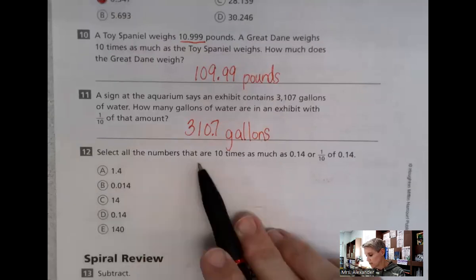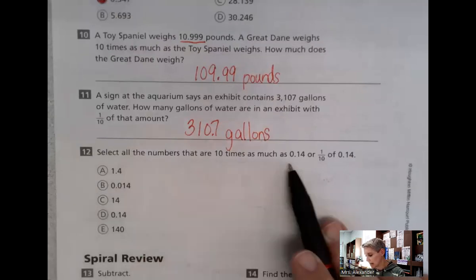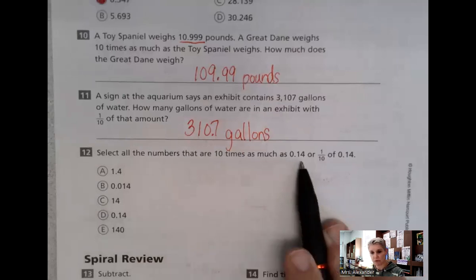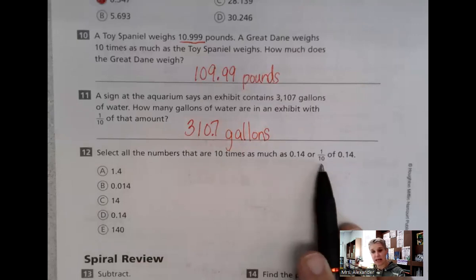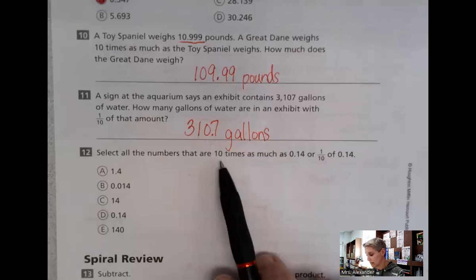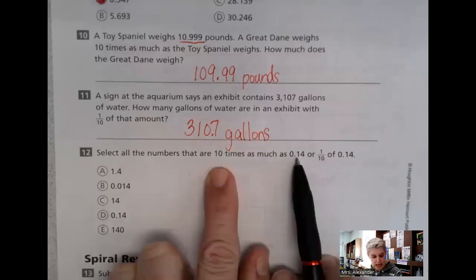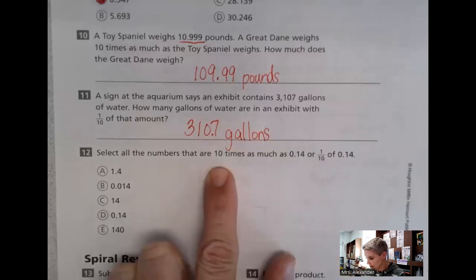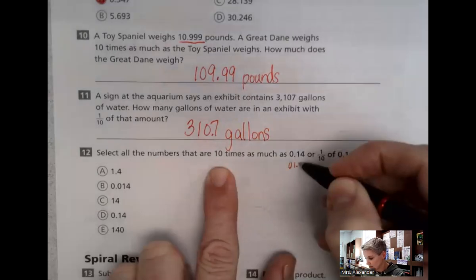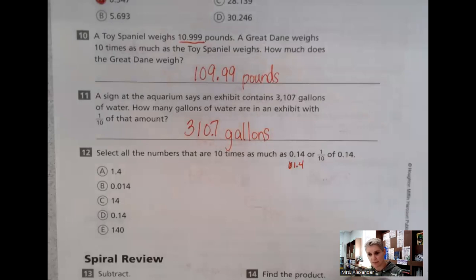Select all the numbers that are 10 times as much as, what is that number? 1400ths or 1/10 of 1400ths. Let's start with 10 times as much. If it's 10 times 1400ths, it should be, I wrote that 0, but I don't need it, 1 and 4/10.